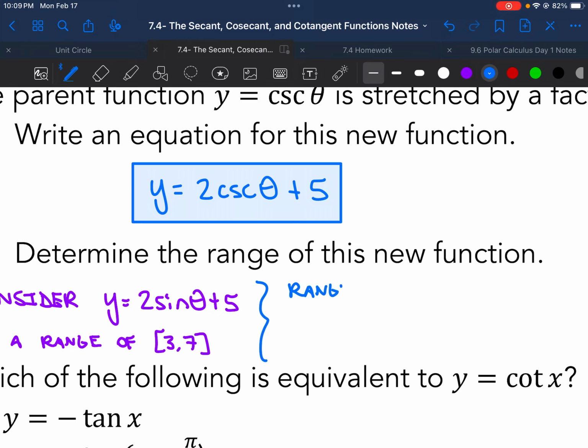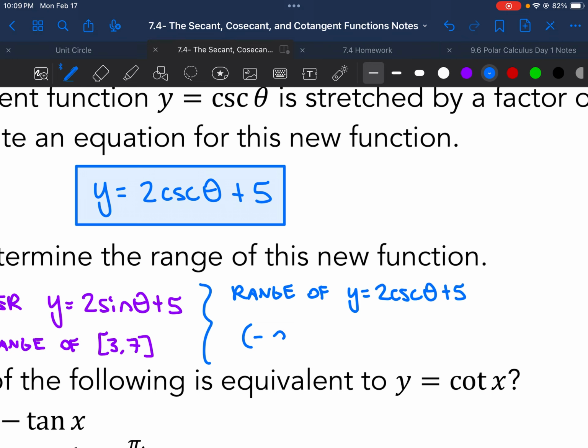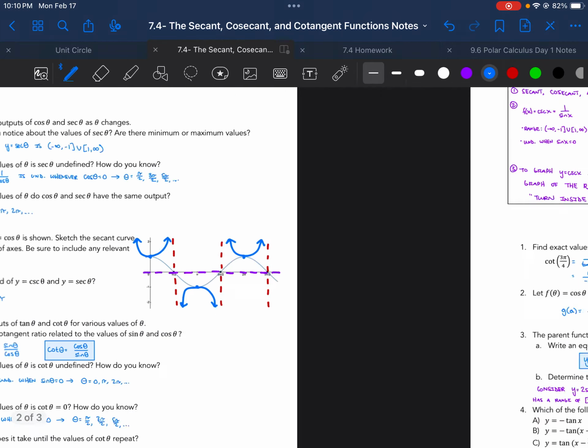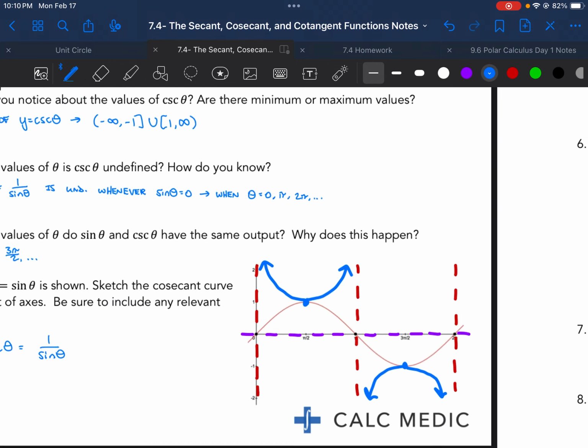So the range of y equals 2 cosecant of theta plus 5 would be -infinity to 3 union 7 to infinity. Okay, just like this example right here.